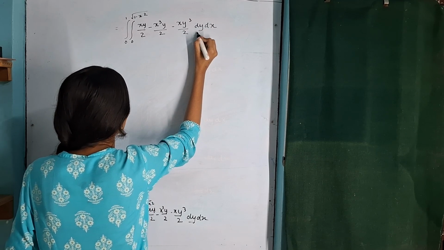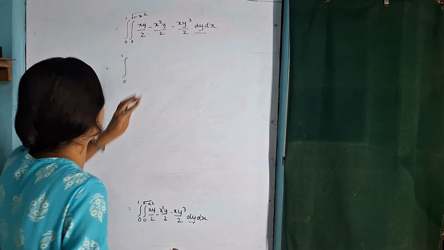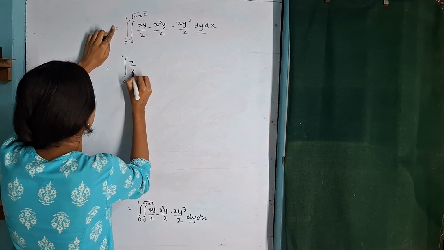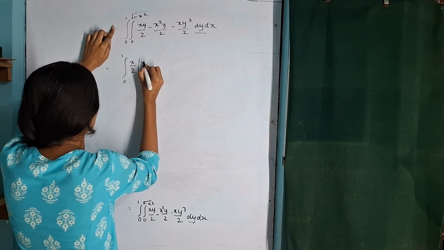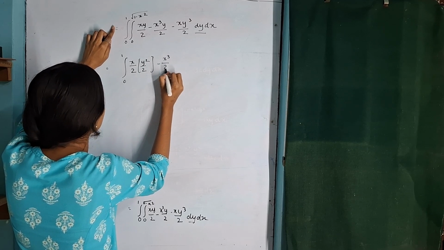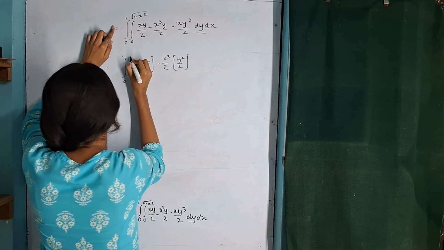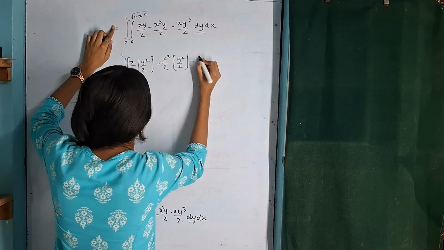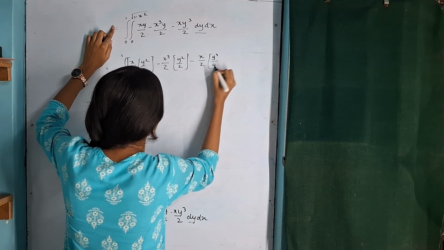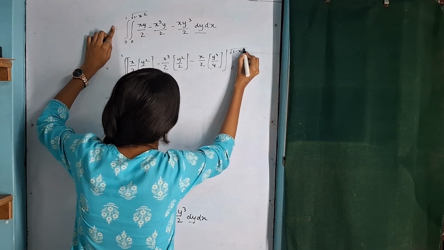Now that we are integrating the y term, x by 2 I will keep separate and y becomes y square by 2; x cube by 2 I will keep separate, y becomes y square by 2; x by 2 I will keep separate, y cube becomes y raised to 4 by 4, with a limit of 0 to root of 1 minus x square.